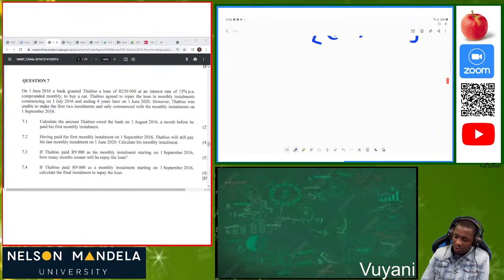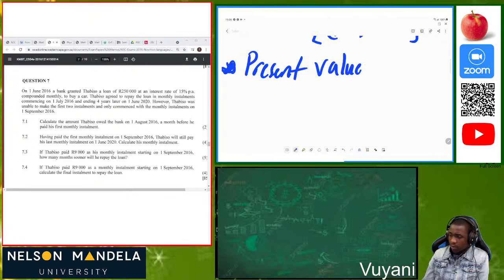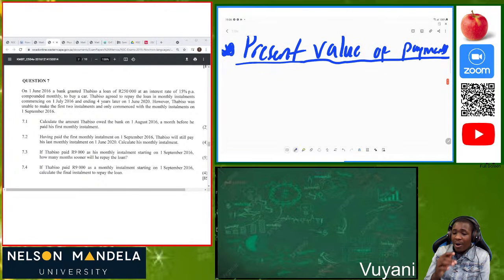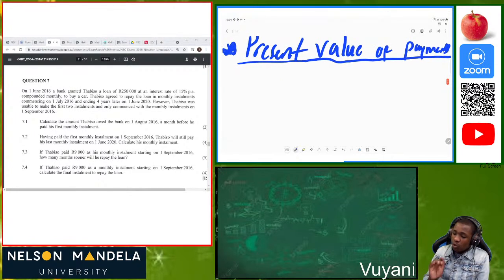Now we have what we call the present value of payments. So the present value of payments is used when you take a loan. When you hear any word like loan or borrowing, always use this formula. When they say you have borrowed something, a loan, use this formula which I'm about to give you now.